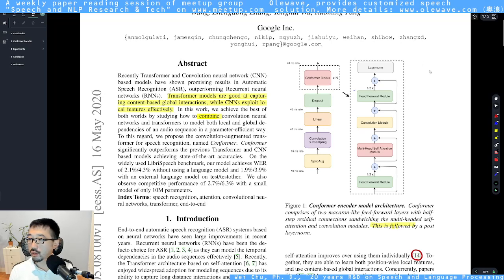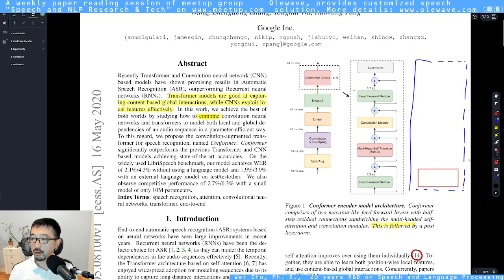Let me see if I can draw it here. What does a transformer module look like?